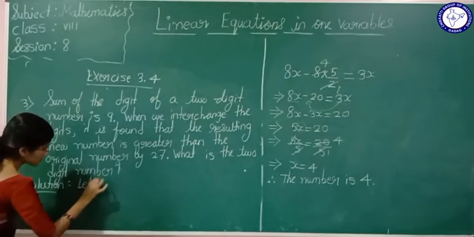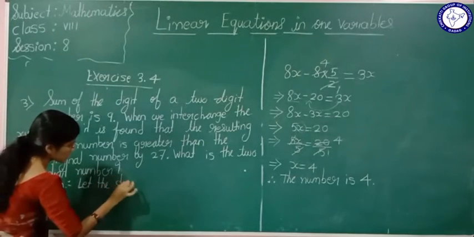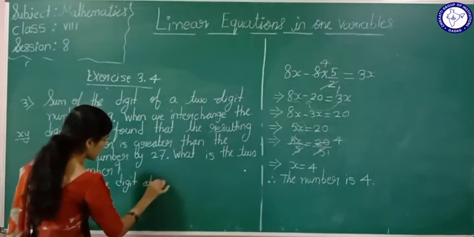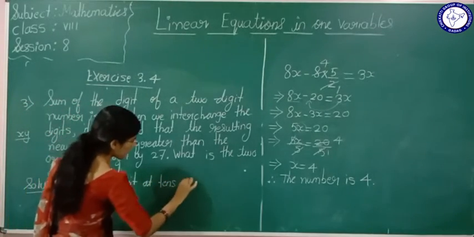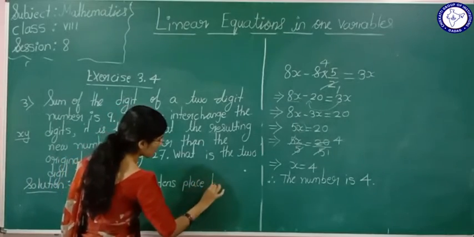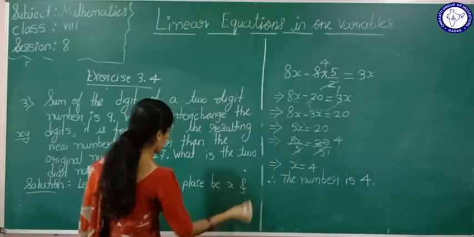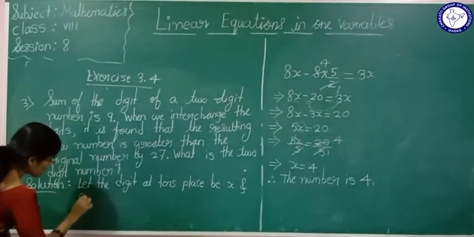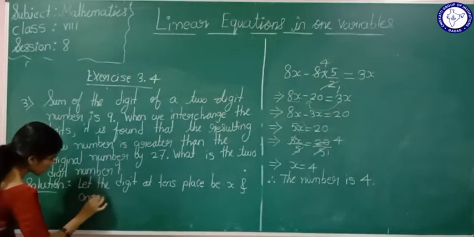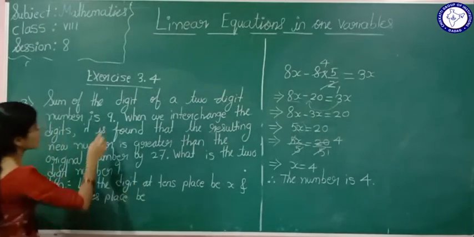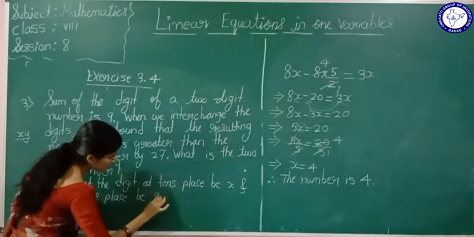Select the digits. Let the digit at tens place be x, and ones place be 9 minus x.